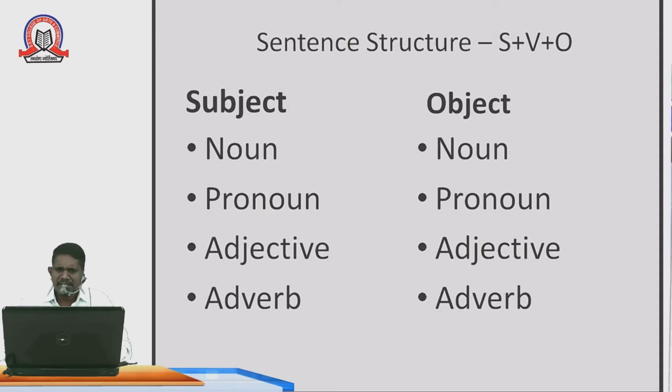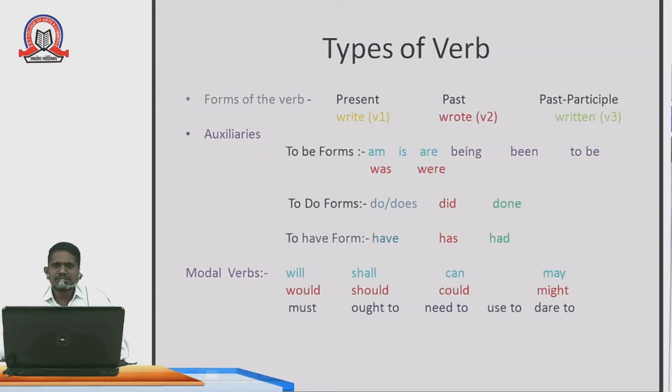Now, while we are studying the sentence structure, some other things we also have to see, that is the types of the verb. When you study the types of the verb, we have to see the forms of the verbs. Mainly there are three forms of the verb: present verb, past verb and past participle verb.